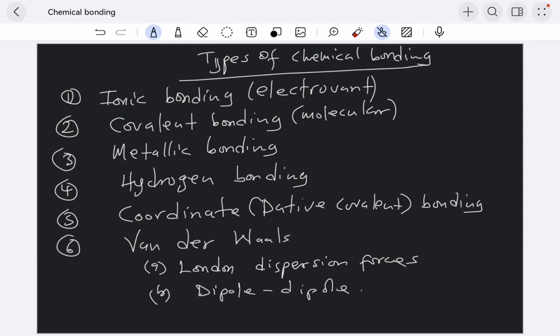So these are the types of chemical bonding that we have, and we're going to look at them one by one. So in this video, we are going to focus on ionic bonding.